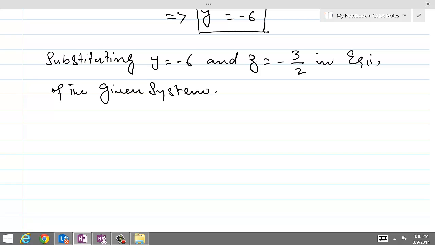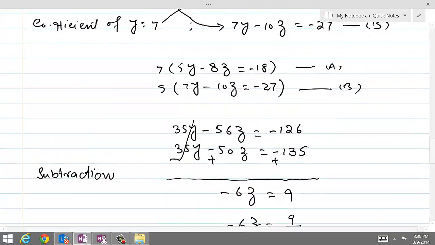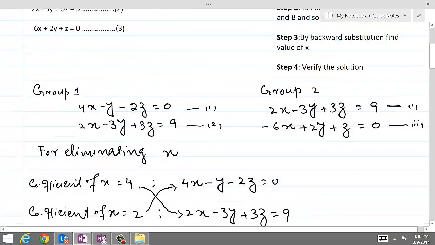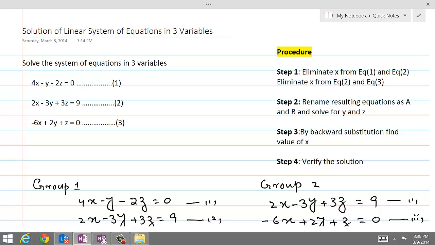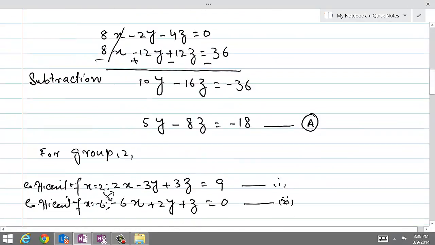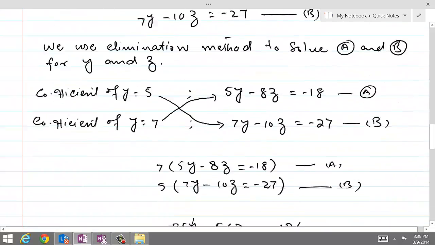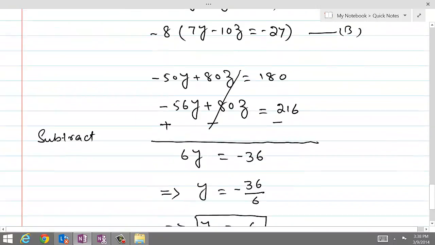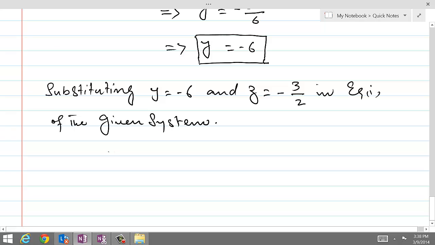The given system was 4x minus y minus 2z equal to 0.